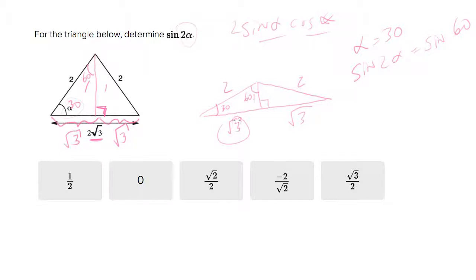Sorry, opposite over hypotenuse. Sine of 60 is equal to root 3, which is opposite, over 2, which is that guy. That only works for right triangles, by the way, but that's what we're using.